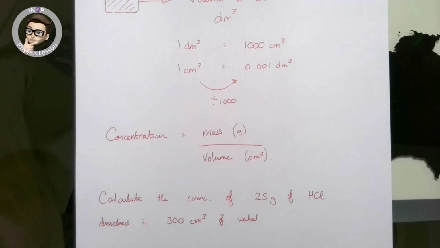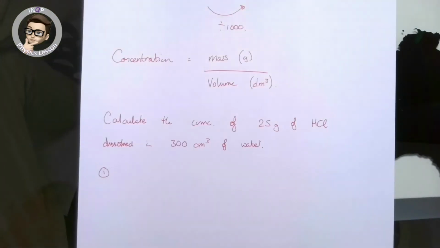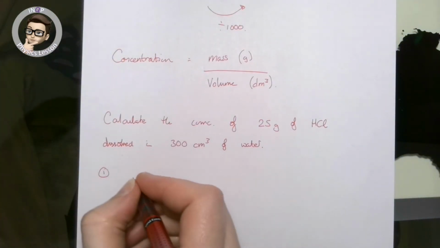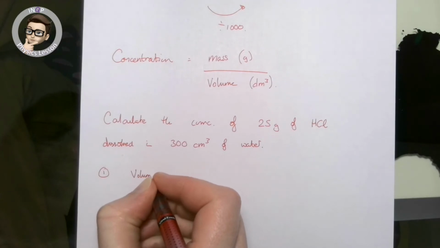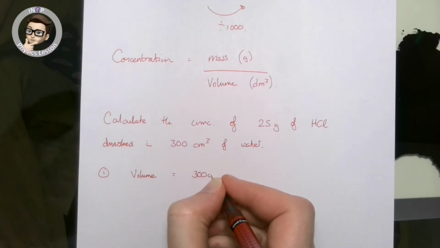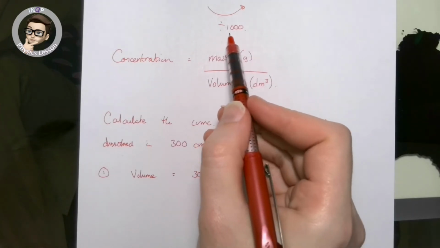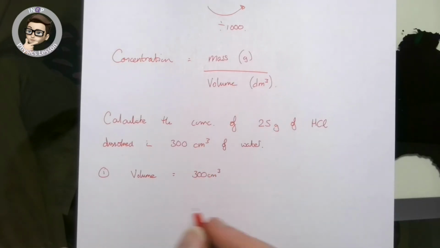Okay, so first step, step 1, is to make sure that the liquid is in decimeters cubed. The volume must be in decimeters cubed. So step 1, we're going to do volume, and our volume at the moment is 300 centimeters cubed. That is less than 1,000 which is what we've said 1 decimeter cubed is.